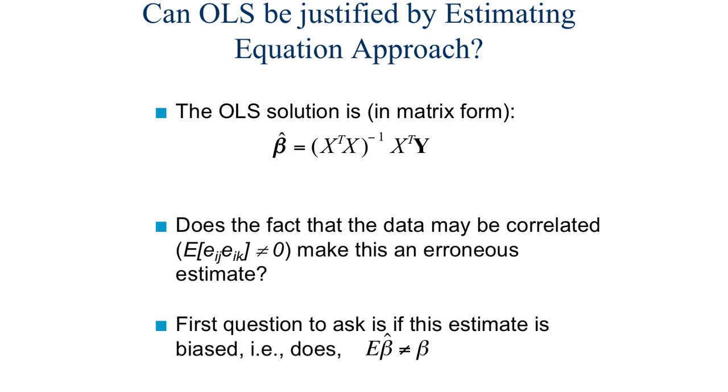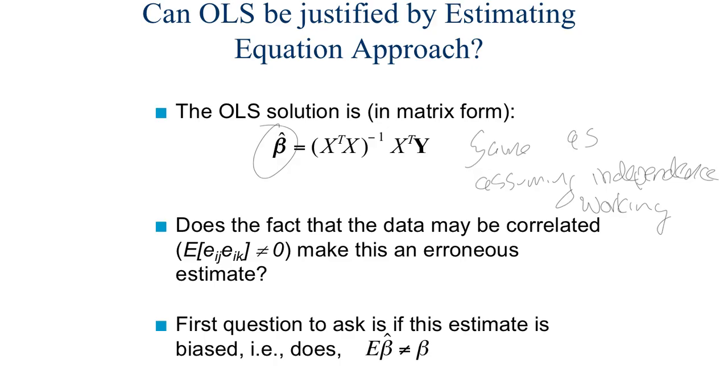So we'll assume we're going to do this solution. This is the same as assuming independence, the working correlation. It's just the matrix version of what solves the score equations when I define this estimating equation. So if we use the working correlation of independence, we would get this solution.